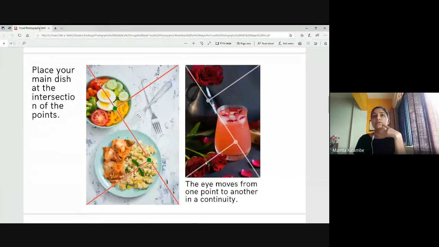You can also place elements around it. The point of this triangle is basically to place your main element at the intersecting points.